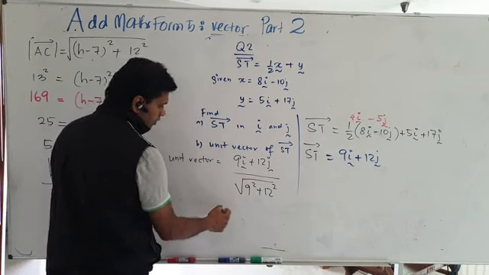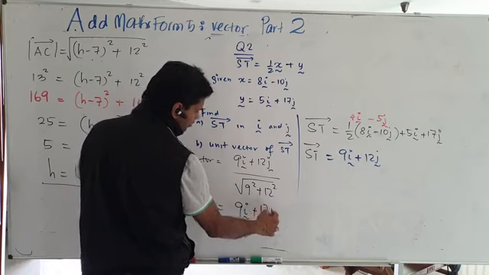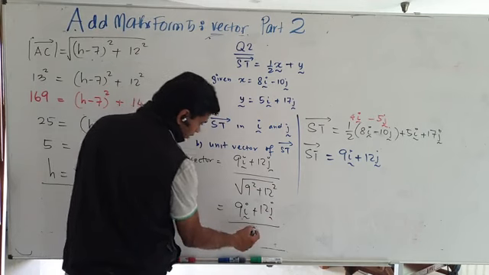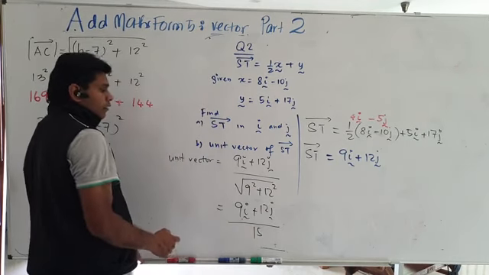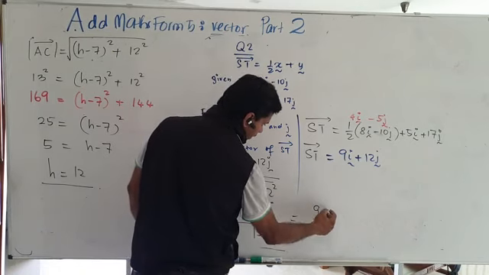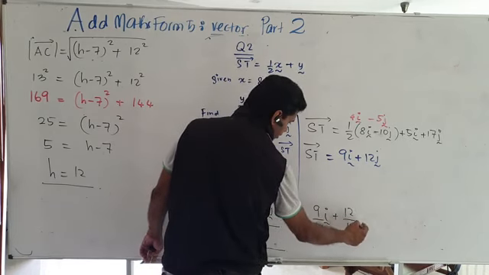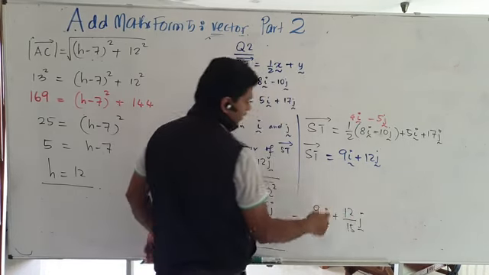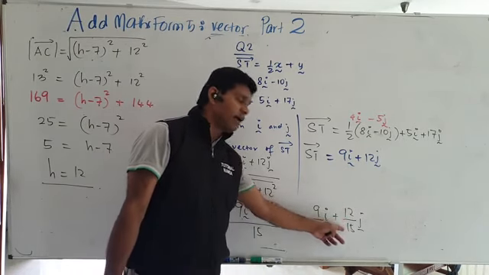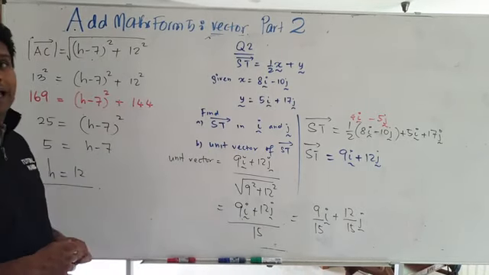So simplify, what are you going to get? 9i plus 12j, these two square root, you should get the answer 15. So finally, your final answer will be 9 over 15i, 12 over 15j. Please simplify this. I'll leave that to you. You're going to get 3 over 5 and 4 over 5j. So that's your final answer. That's called the unit vector of ST.